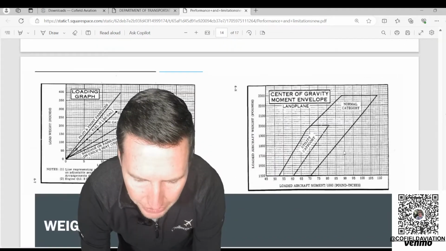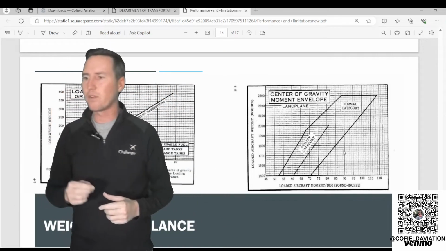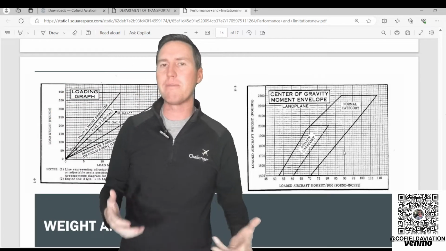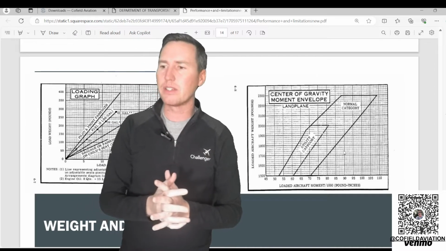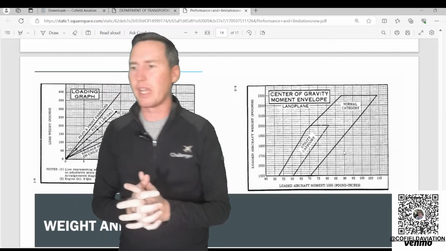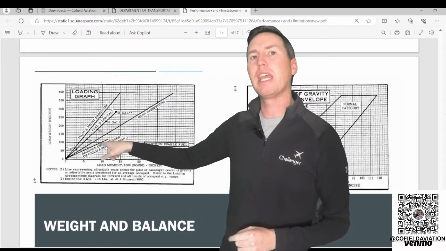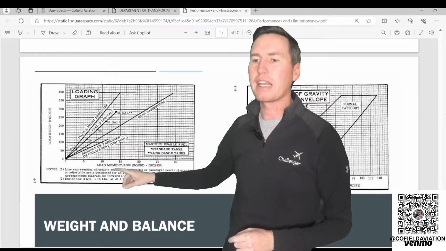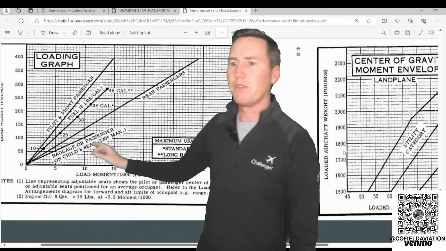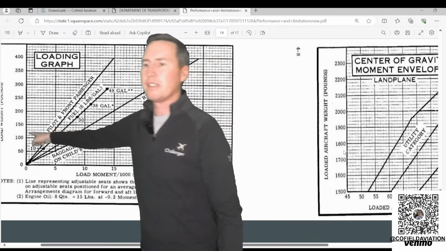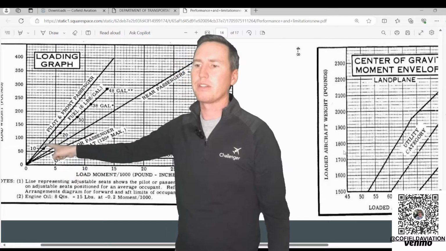So, all right, now that you kind of understand all of the terms for the weight and balance, we're going to compute this weight and balance just like you're going to do on the sheet every single time before flight, okay? Now, this loading graph does the exact same thing as what we're going to do. You just go to your weight, come to pilot and front passengers, and it gives you a moment divided by 1,000.